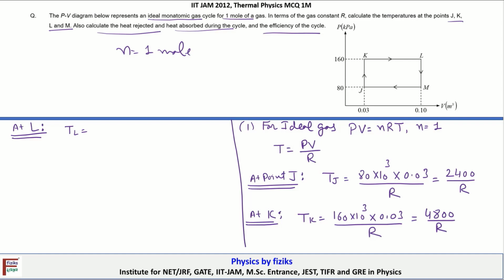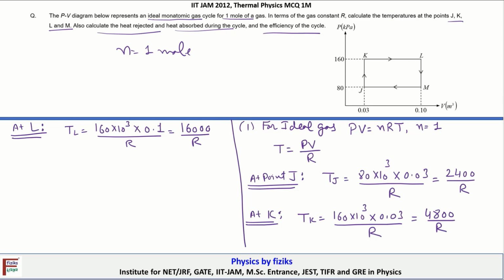The pressure is 160 kilopascal again, 160 into 10 power 3, multiplied by the corresponding volume, which is 0.1, divided by R, and this is equal to 16,000 divided by R.